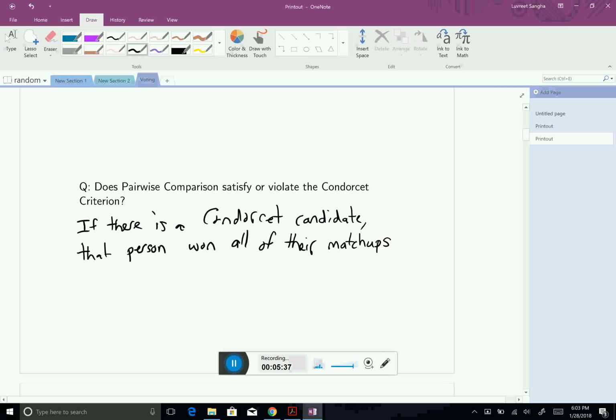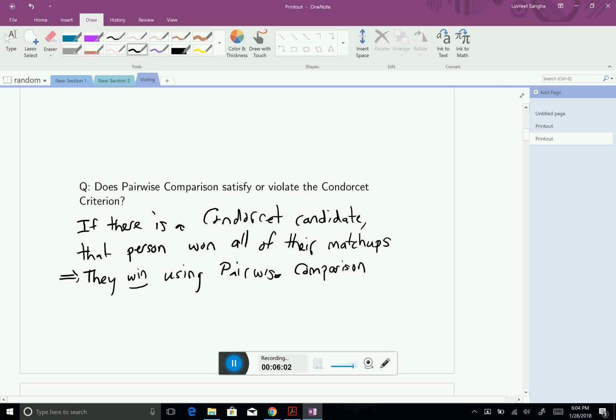But if somebody wins all their matchups, that means they win using pairwise comparison.